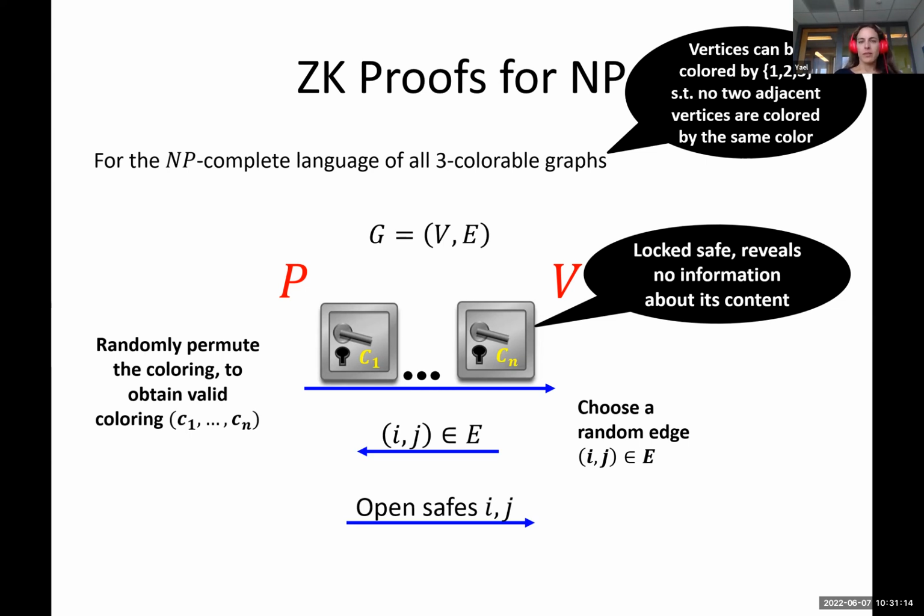What about soundness? So now suppose I don't have a valid coloring. Can I still convince you to accept? Suppose the graph is not 3-colorable.